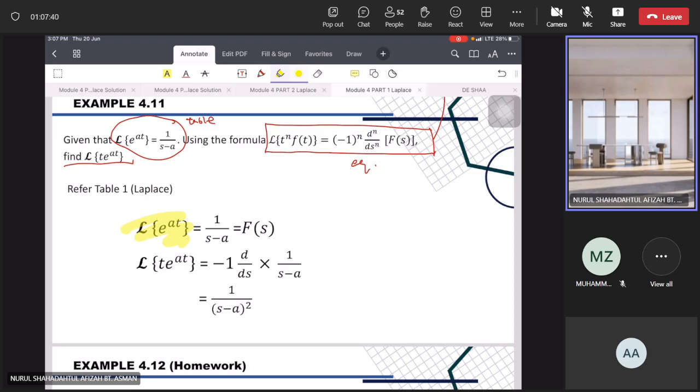This is from the table, and this one from the table, but it is also given in the question. So you need to find this one.